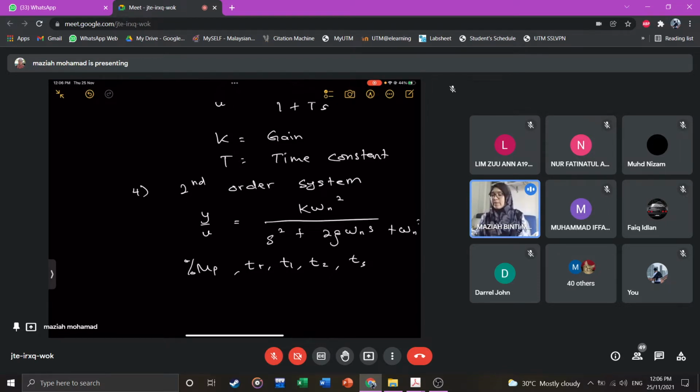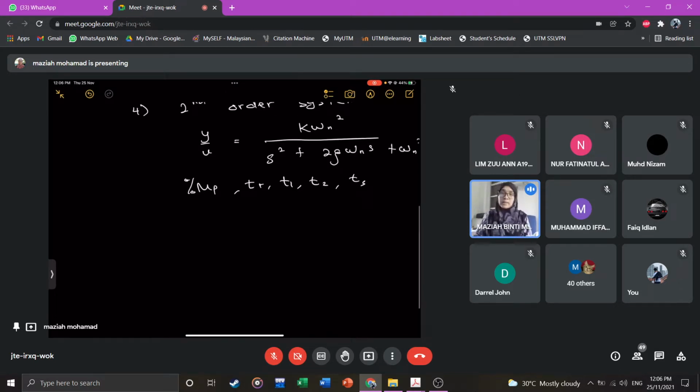So we have learned about the equations to calculate all these parameters. And also on Tuesday you learn about steady state error.